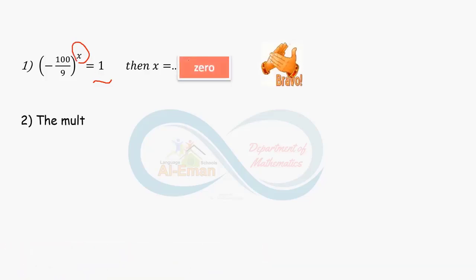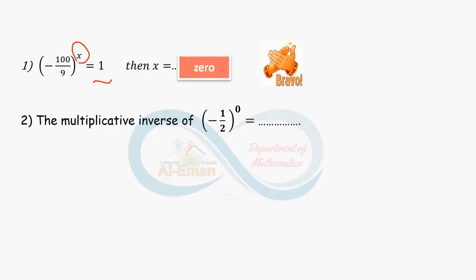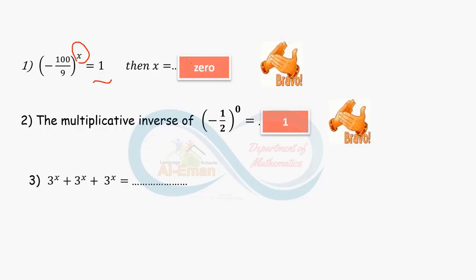The multiplicative inverse of -12 all to the power 0 equals, bravo, 1. Excellent. 3 to the power x plus 3 to the power x plus 3 to the power x means 3 times 3 to the power x.